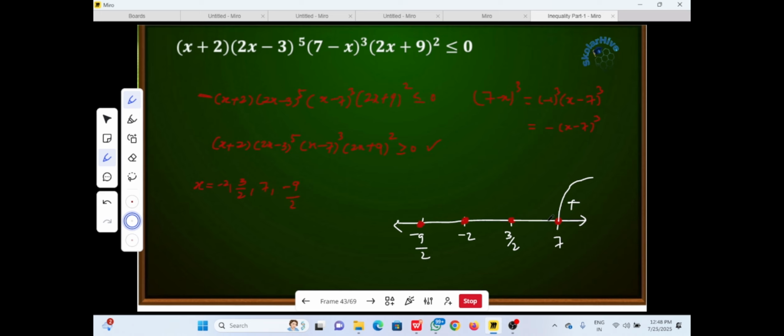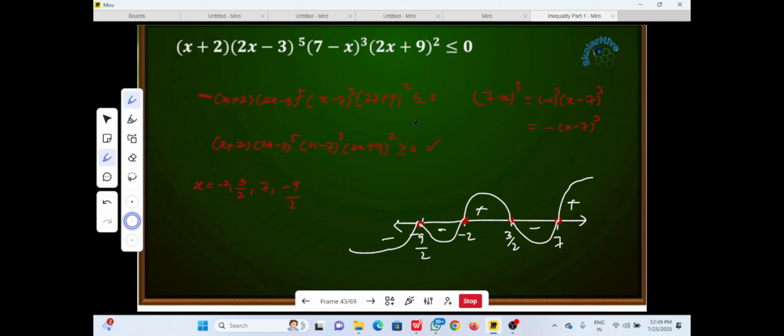Now for 7, the factor's power is odd, so it will change from positive to negative. 3 by 2 came from this one, again the power is odd, so it will change from negative to positive. Now minus 2 came from here, this power is also odd, so again it will change from positive to negative. Now this factor has an even power, so the sign will not change, it will continue as negative.